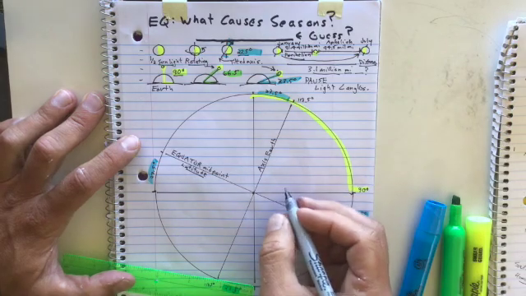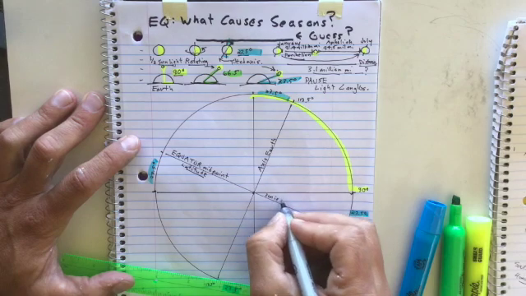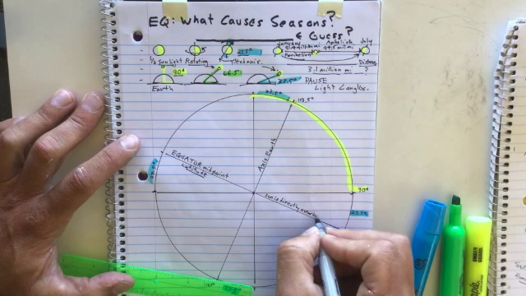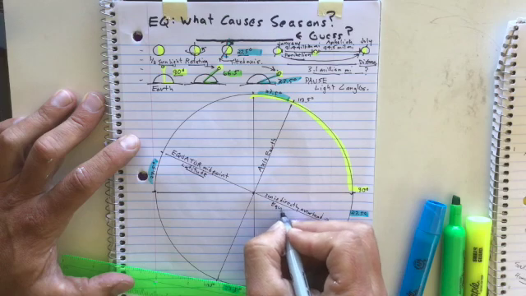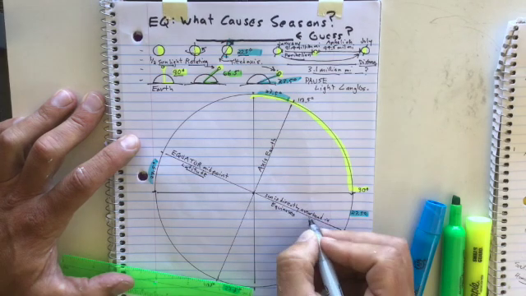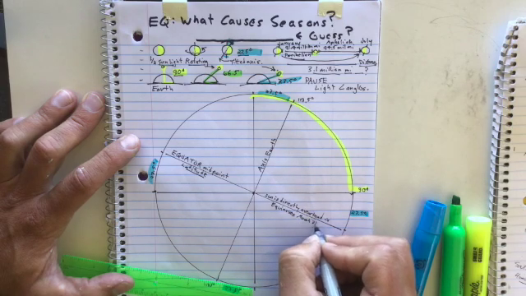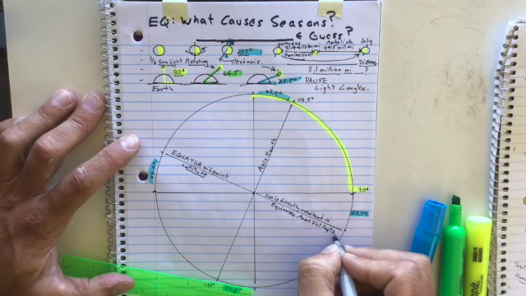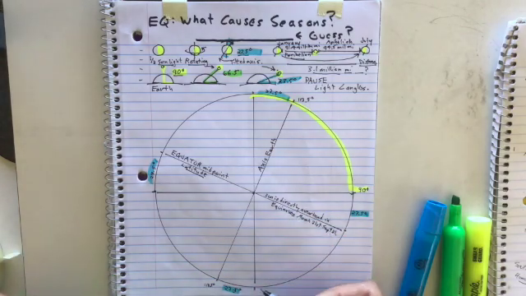And one thing about the equator here is that the sun is directly overhead in the equinoxes. The spring equinox is March 21st, and the fall equinox is September 21st. So at these points, the sun is directly over the equator, but it's not always over the equator.